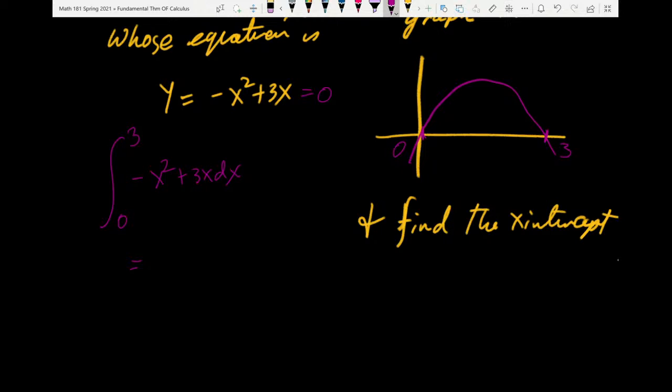Let me just go directly to it. You get negative x cubed over 3 plus 3 halves x squared, from 0 to 3, and you will get 9 over 2.